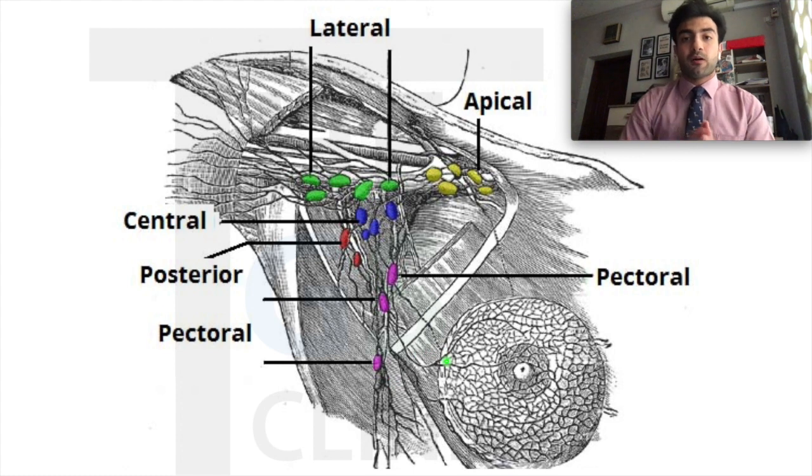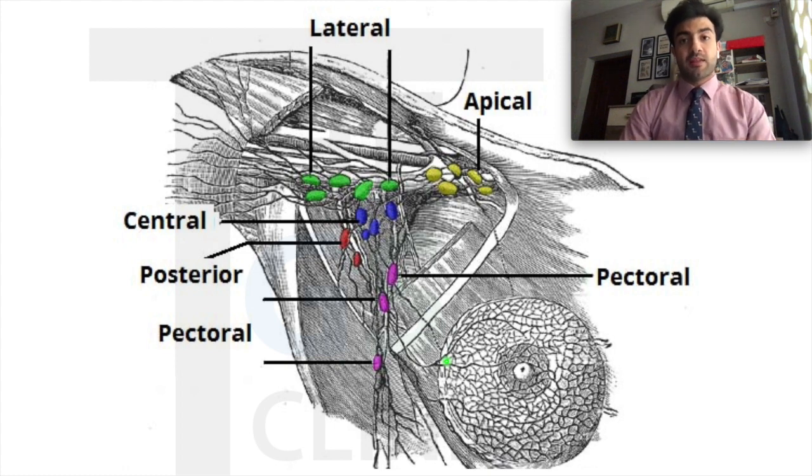When we talk about the lymph drainage of the breast, I know it's only two groups, but we need to also focus on the lymph nodes of the axilla, because one of the lymphatic drainage groups of the breast is a group of the axilla, and it is in close connection with other lymph nodes. So a metastatic disease affecting the lateral part of the breast, which will metastasize to the pectoral group, might also metastasize to the lateral group, and might also metastasize to the posterior group.